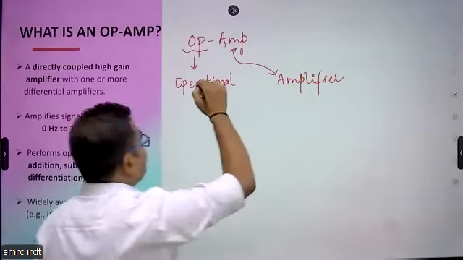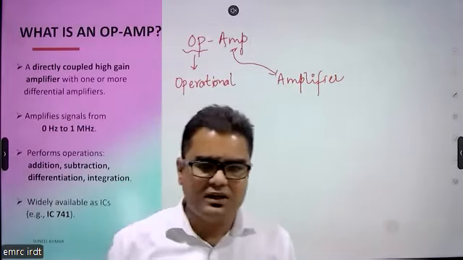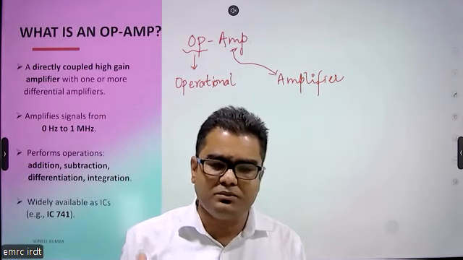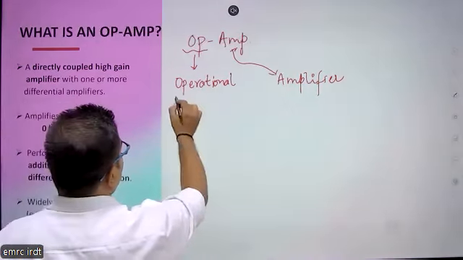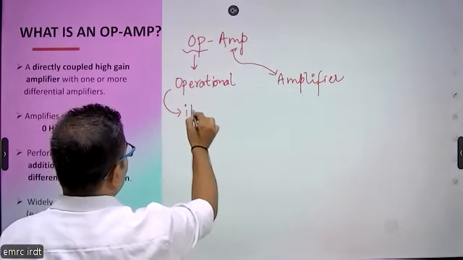Why do we call it operational? Because operational amplifier can perform some linear operations. Basic linear operations we can perform through op-amp.